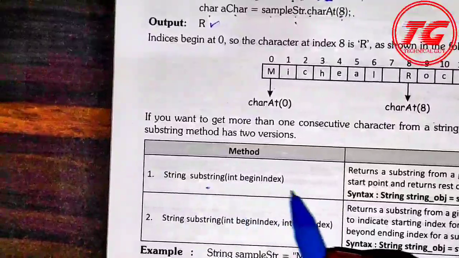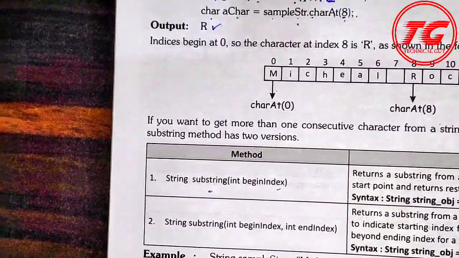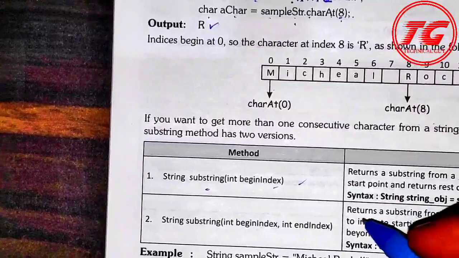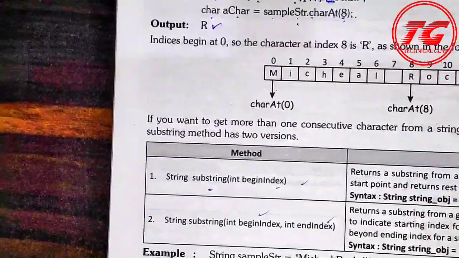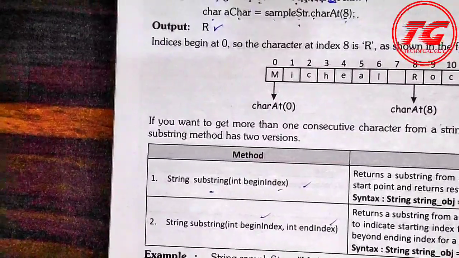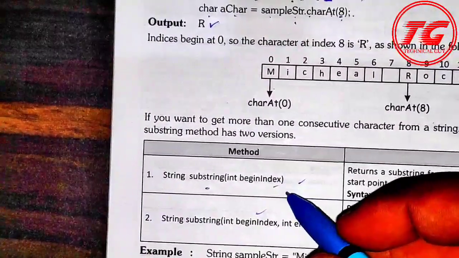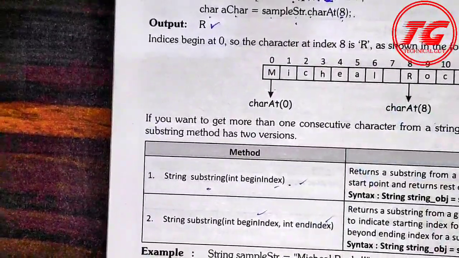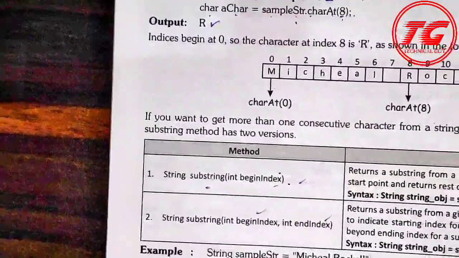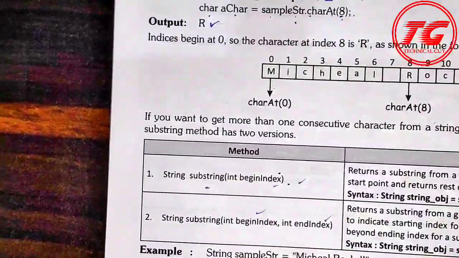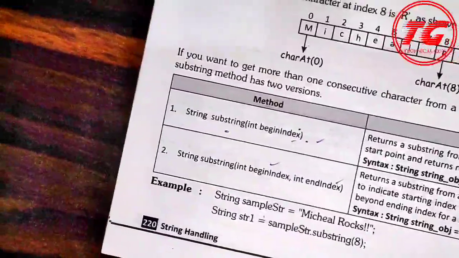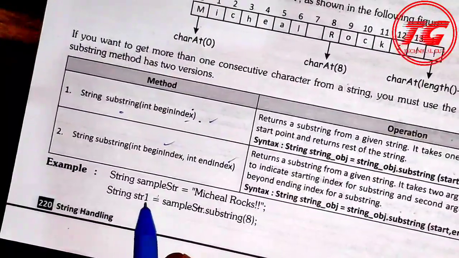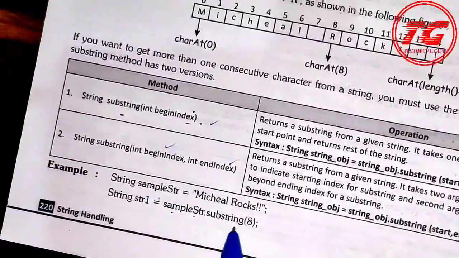Similarly we have the substring method that I already told you about, and you can use it in two ways. In the first way you can give the beginning index, and in the second case you can give both indexes, that is the beginning and ending. It will return the substring from a given string starting from the beginning index. Here we have an example. Here we have a sample string, again Michael rocks, and str1 is created, sampleString dot substring 8.